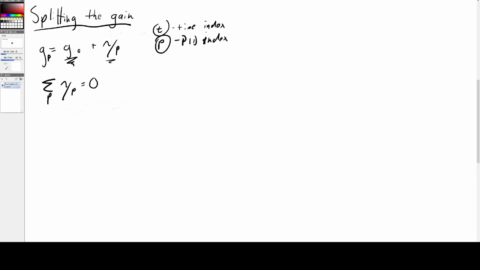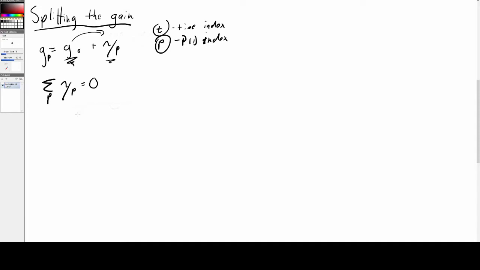Otherwise, this is no longer the absolute calibration, and if this is not 0, then it's essentially allowed to steal power from this term into gamma. But with this constraint, all of what can be put into the average will remain in this absolute calibration term.